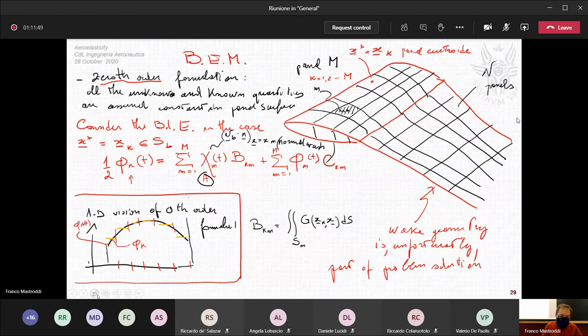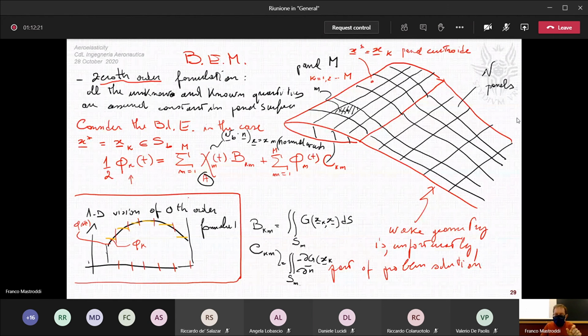And again, c, k, m are another set of coefficients, k, m, equal to the integral on the panel surface m of minus dg in the n as a function of xk, fixed. And so this panel is the m panel.